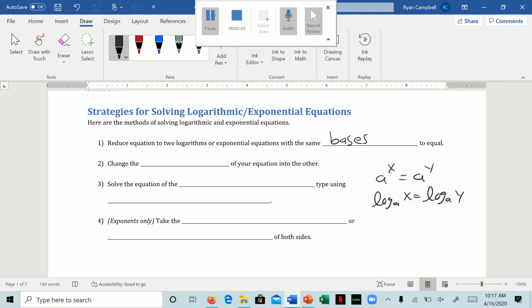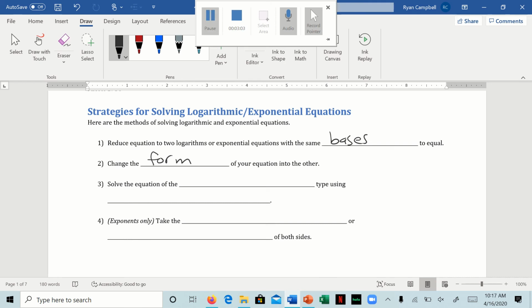We can try to get to that using the logarithmic laws or the exponential laws. Number 2: we can change the form of the equation. If you're in exponential form, change it to logarithms. If you're in logarithm form, change it to exponentials. That might be another way to do this.